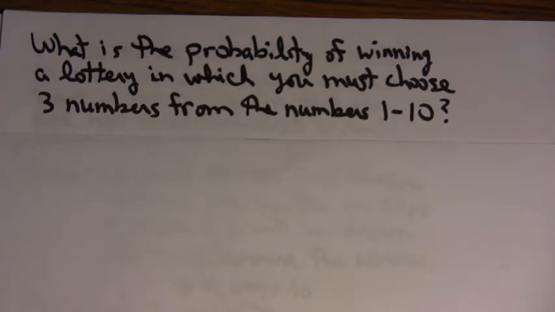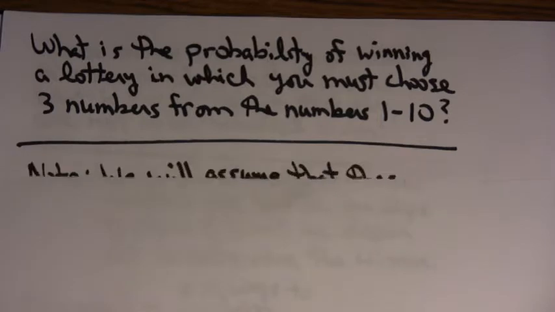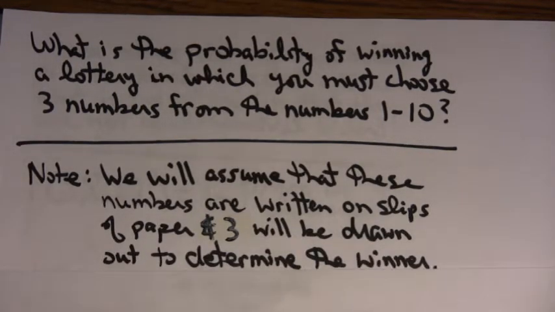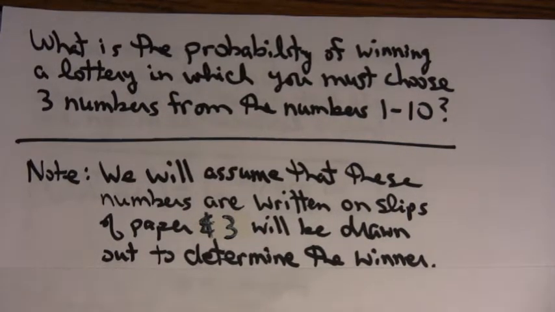This problem says, what is the probability of winning a lottery in which you must choose three numbers from the numbers 1 through 10? Just as a note, I think the best way to think of this is that they're taking those numbers and putting them on a piece of paper or on some balls that you draw out of a hat or an urn.